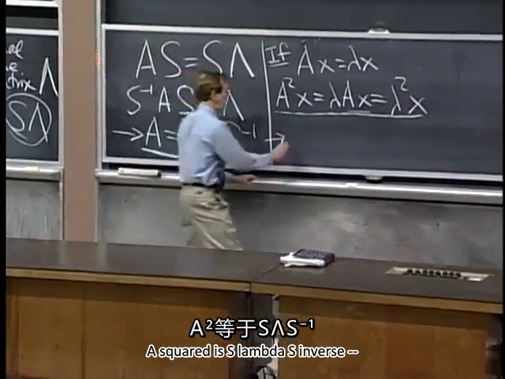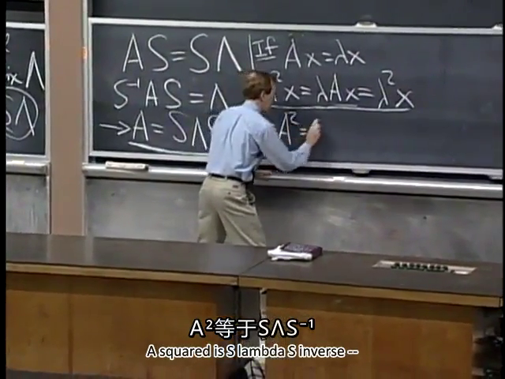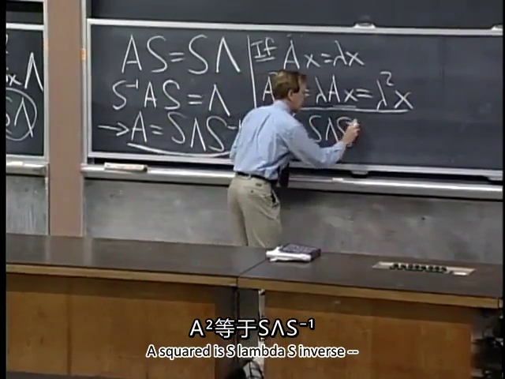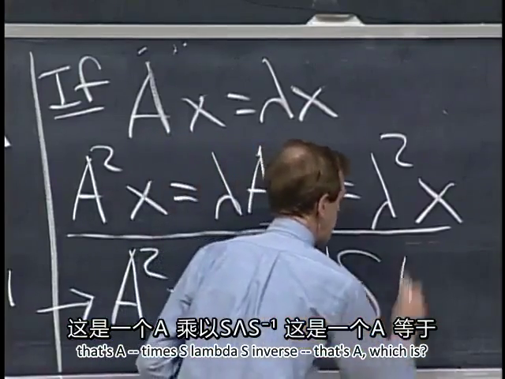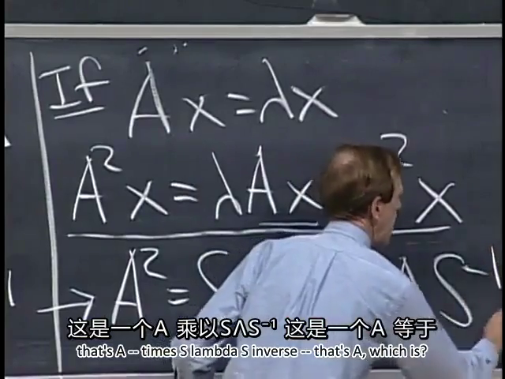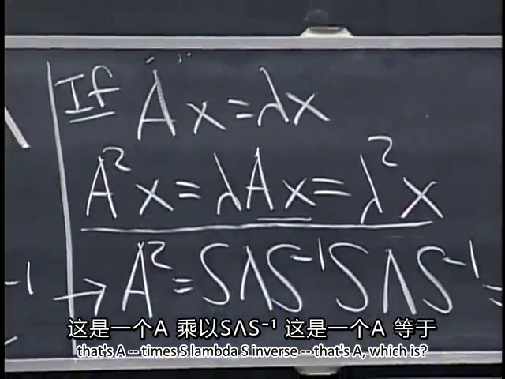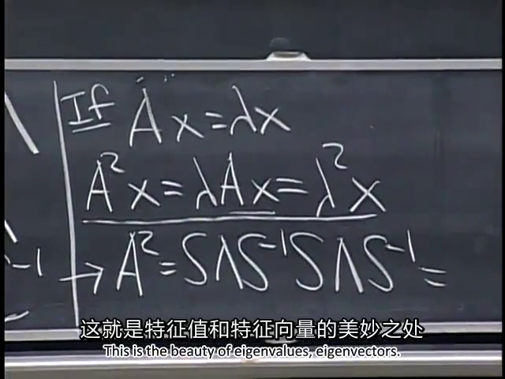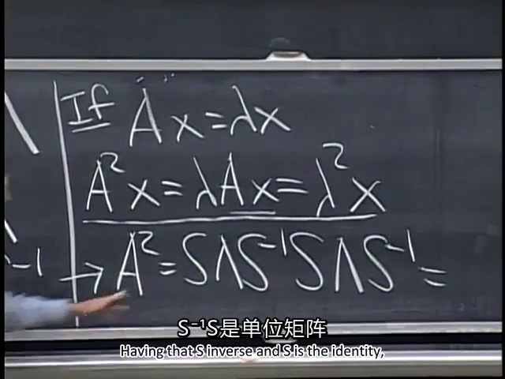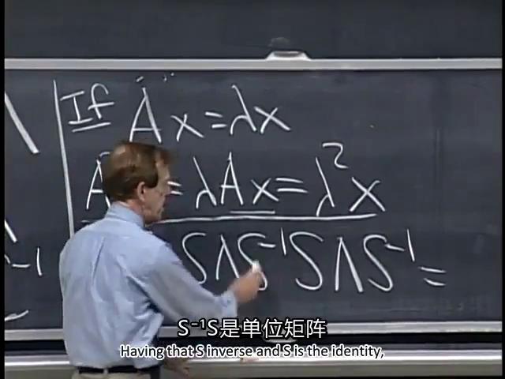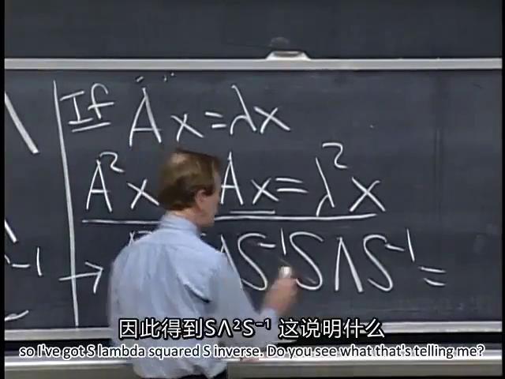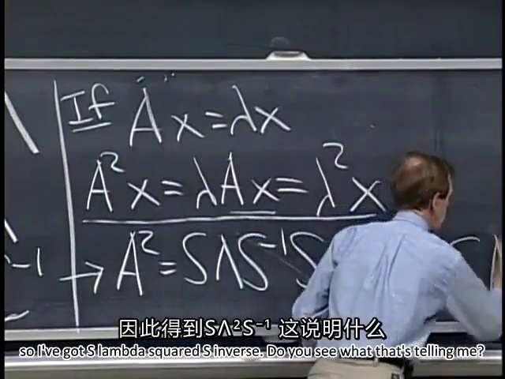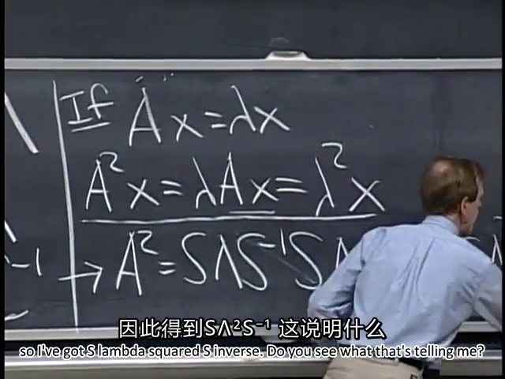A squared is S lambda S inverse, that's A, times S lambda S inverse, that's A. This is the beauty of eigenvalues and eigenvectors: S inverse S is the identity. So I've got S lambda squared S inverse.